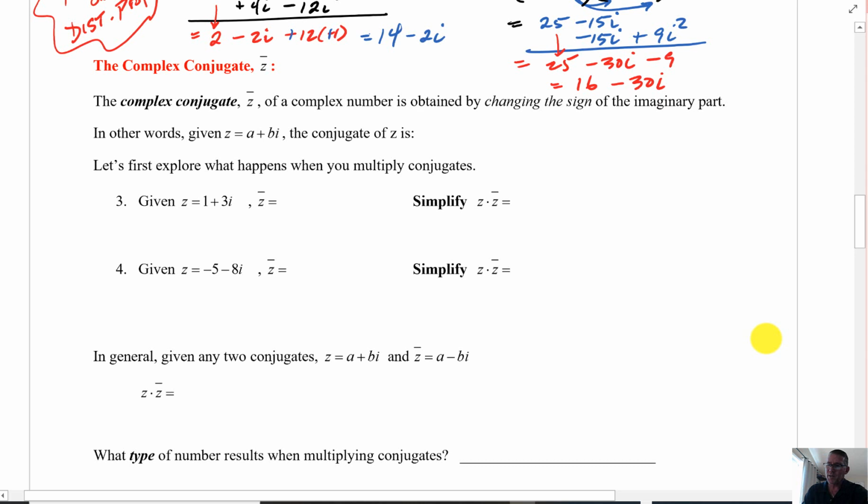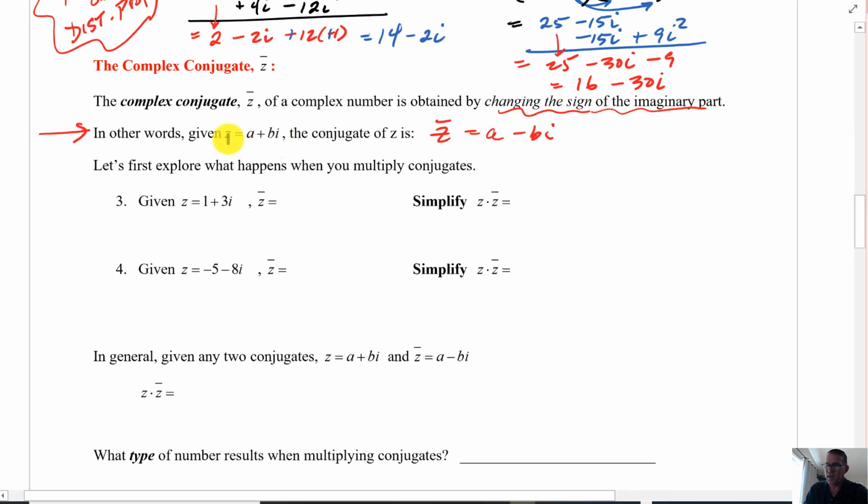Okay, so what is the complex conjugate? The complex conjugate has a certain symbol right here, z bar. That's how you say it, or the conjugate of z. The complex conjugate, z bar, is obtained by changing the sign of the imaginary part. Not the real part, the imaginary part. So in other words, given z is a plus bi, the conjugate of z, z bar, is equal to a minus bi.